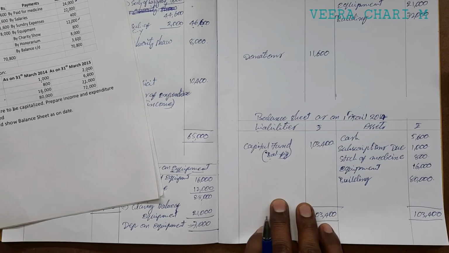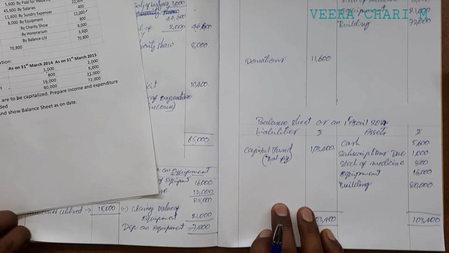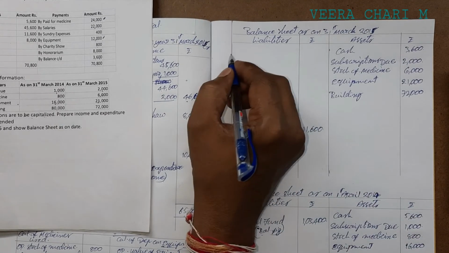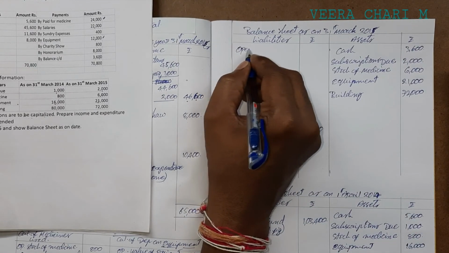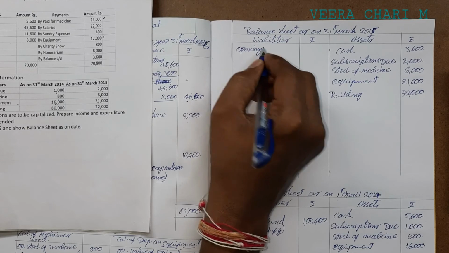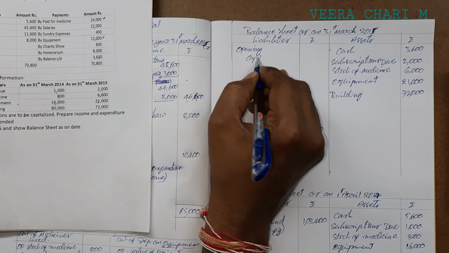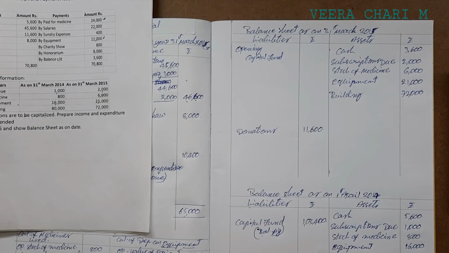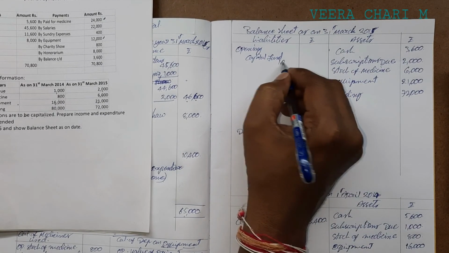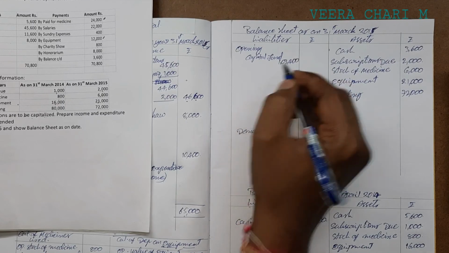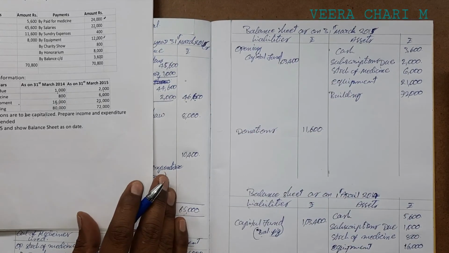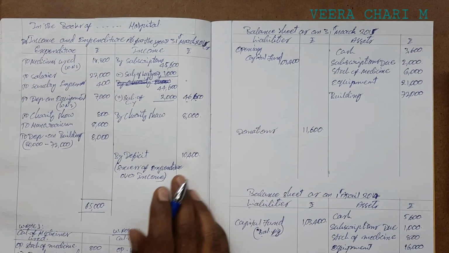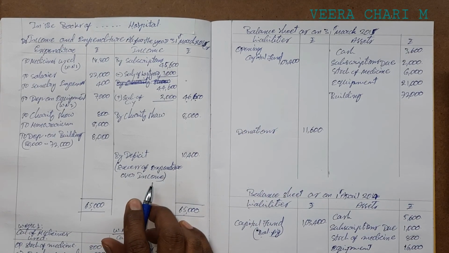The same balance amount we can write under closing balance sheet under the liability side. That is called the opening capital fund, 1,03,400. If there is a surplus in the income and expenditure account, you should add it to the opening capital fund. But in this question, there is a deficit.